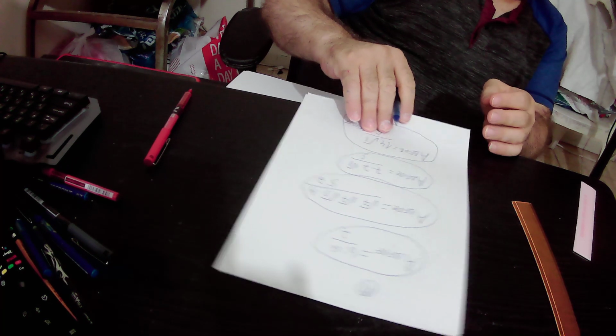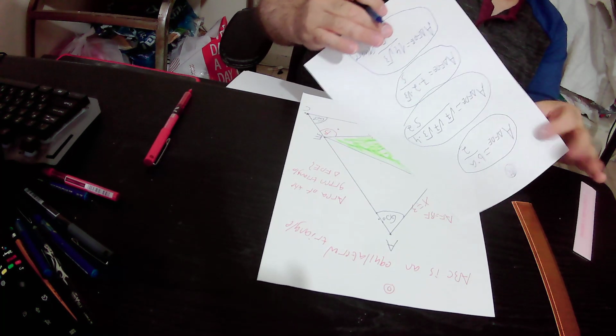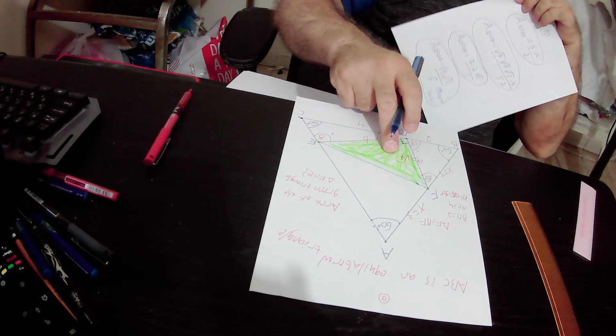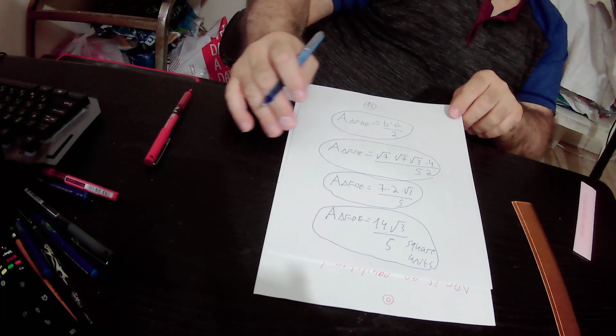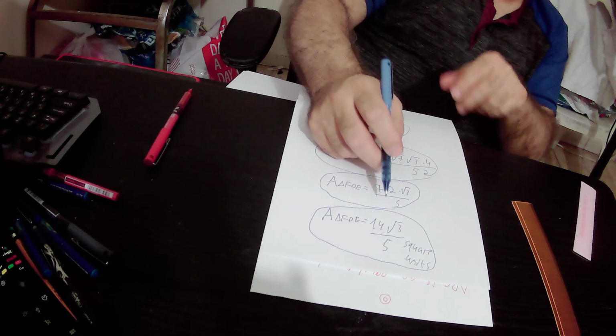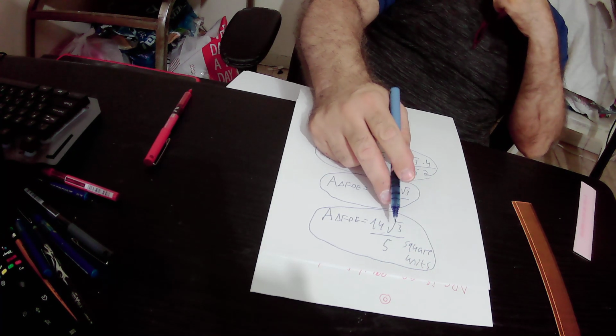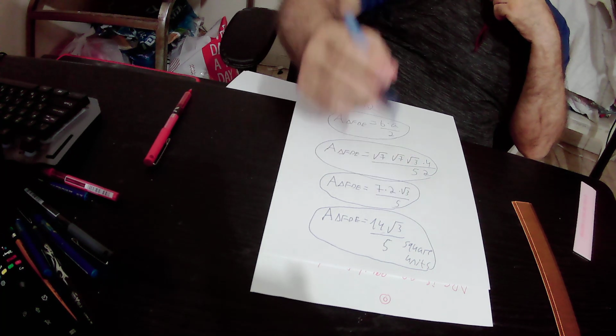So we found the area of the green triangle FDE. We found that the area of the green triangle FDE equals 14 times root 3 over 5 square units.